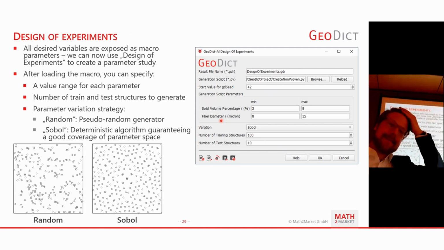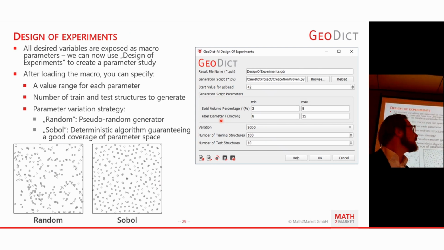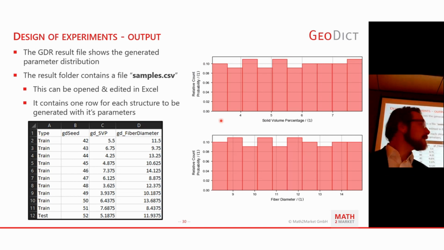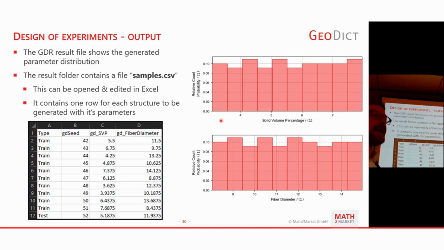So again, the design of experiments part here is only about generating table values and also analyzing them to make sure that you cover your distribution correctly. So there are no structures being generated at this point, but instead we obtain a table of actual parameter values. So you basically get two results.